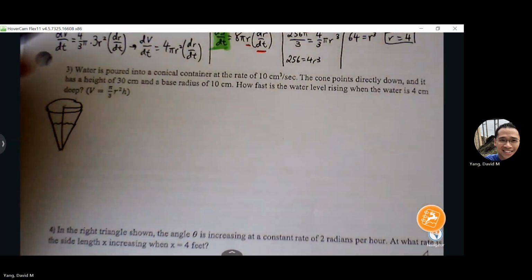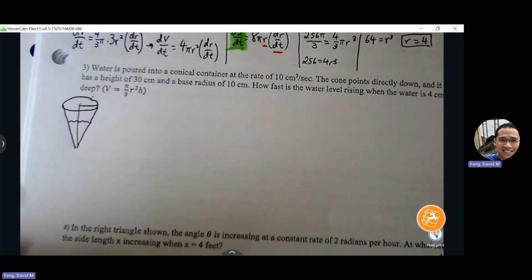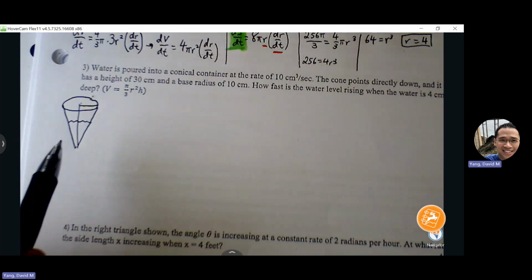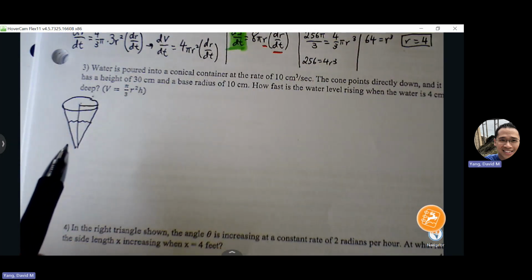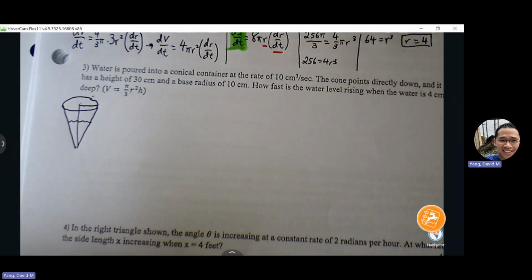So I want us to understand that there are 2 cones inside this problem. You have the cone of the container, which is not changing, right? The dimensions are what they are. The water inside the tank also forms the shape of a cone, and that's what's changing, right?